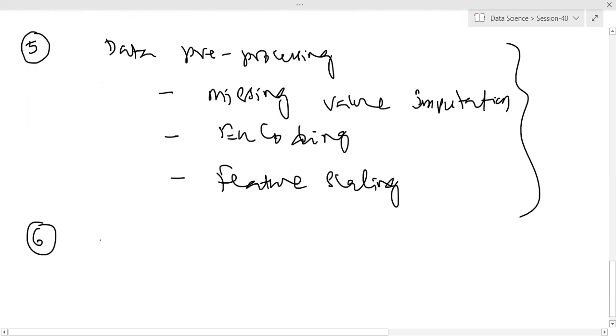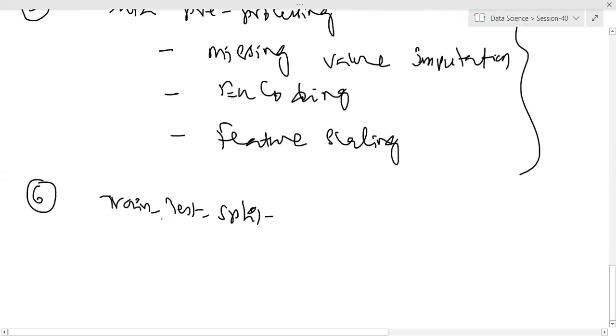You have to do the train and test. Very good. Train, test, split. Now, friends, here the point is in the train, test, split, generally which are all the outcomes? X train, X test, Y train, Y test. Very good.